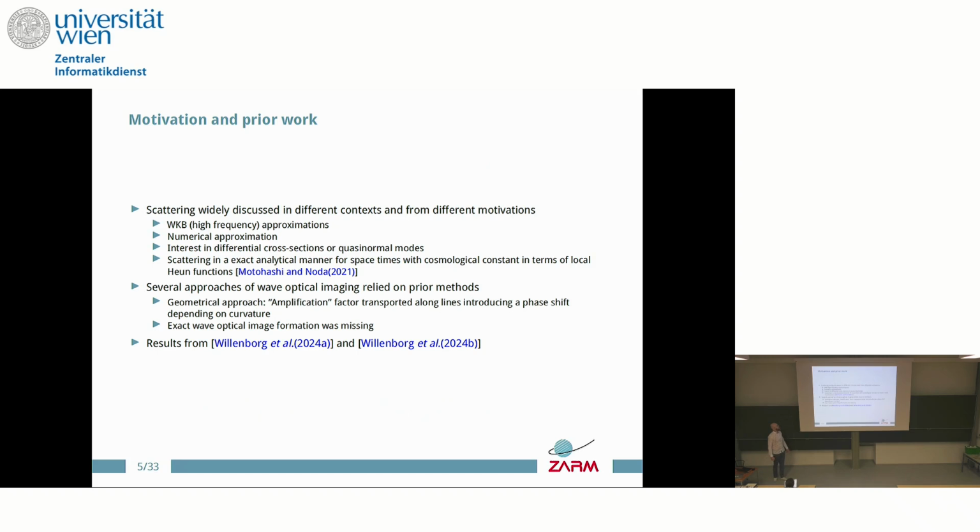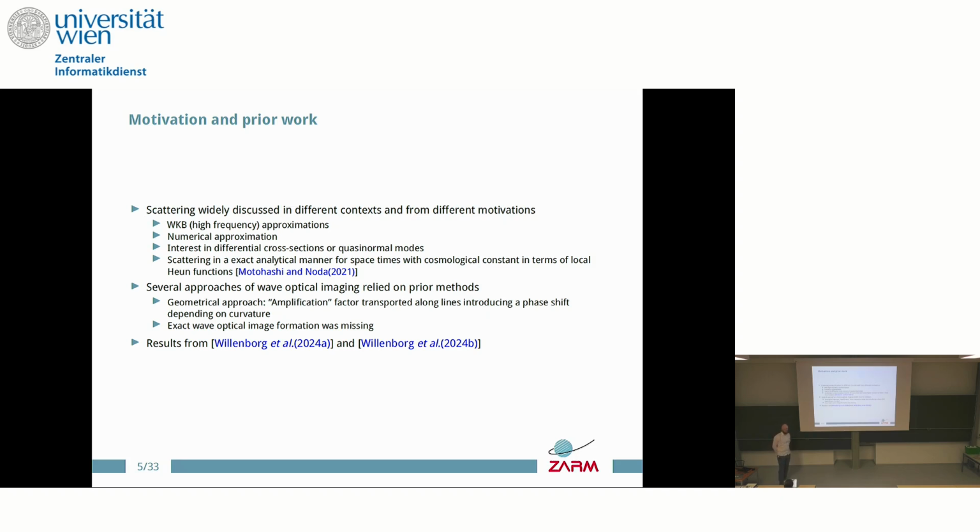The history of this topic is that we come from scattering, and we want to have a point source which is being scattered by a black hole. And usually what one does is introduce some approximations, for example WKB high frequency approximations, or just brute forcing with numerical approximation and calculating it this way.